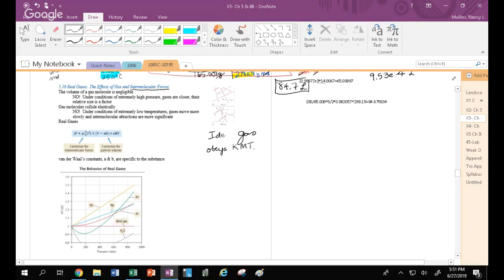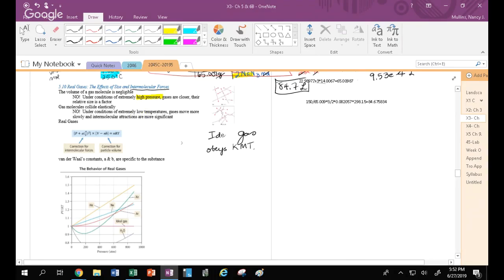We said that the volume of an individual gas molecule isn't important because the space between them is so large that they're unaware of the other ones. But if I were to compress that sample, now the odds are they probably are going to encounter something else, and therefore any attraction they might have for another molecule could now take place. So if we have extremely high pressure, a gas is really not going to behave very ideally.